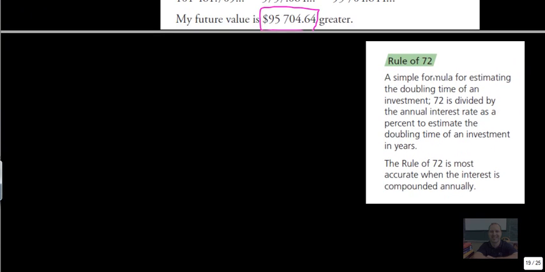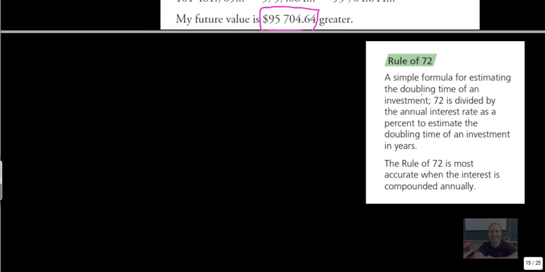Next thing I want to talk to you about is this rule of 72. So this is on page 27. This is a good estimating tool. If you want to find out how long it would take for you to double your money, if you have money put away and it is accumulating compound interest, you can roughly guess how long it will take to double your money.